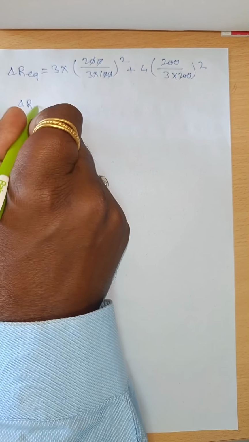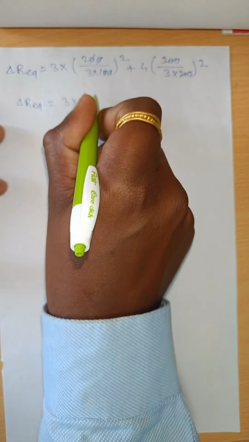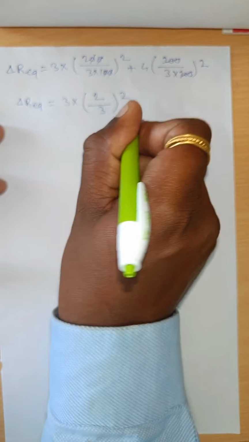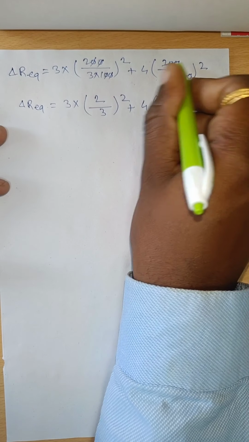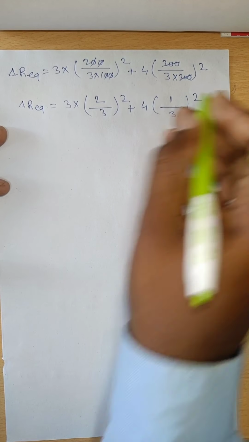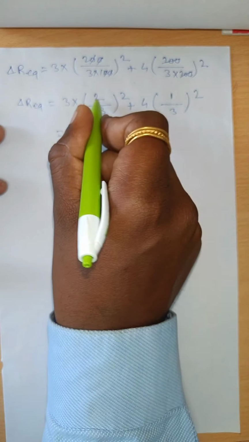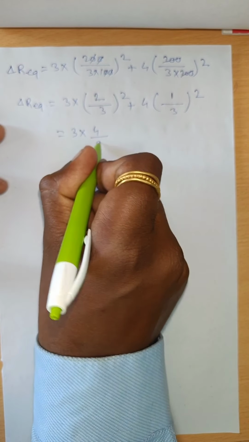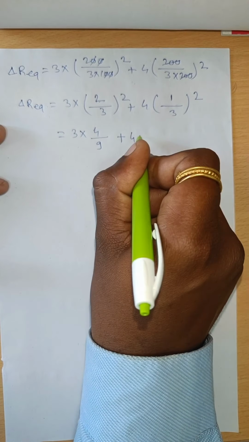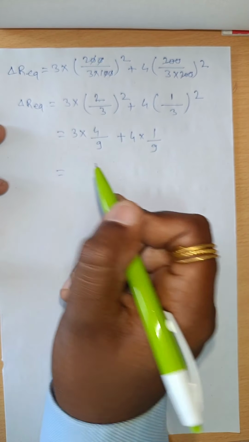Therefore delta R equivalent is equal to 3 into (2 by 3) whole square plus 4 into (1 by 3) whole square. 2 square is 4, 3 square is 9, so 4 by 9, plus 4 into 1 by 9.